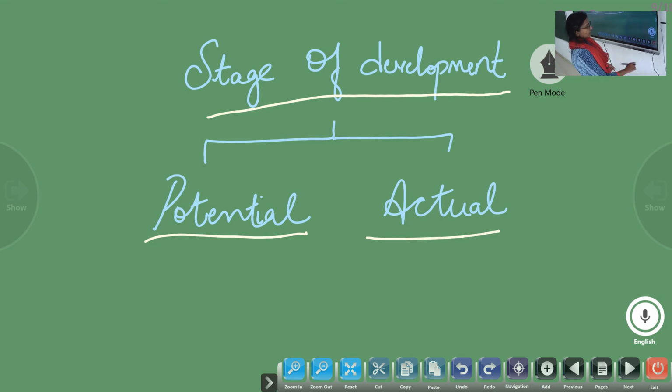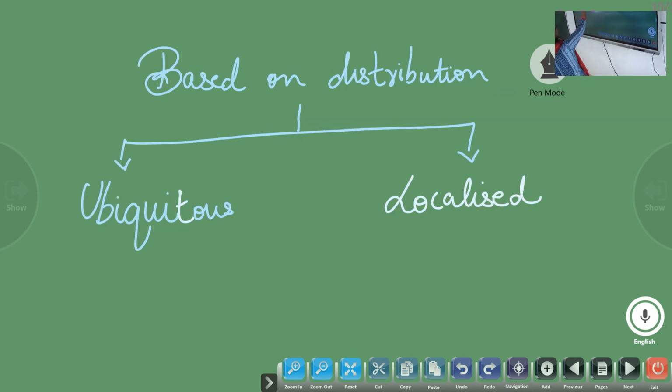And finally, for today, we will look into based on distribution. There are two types of resources based on distribution. Distribution is the area in which it is spread. One is ubiquitous and the second one is localized. Ubiquitous is when the resource is available for everyone, everywhere in the entire world.